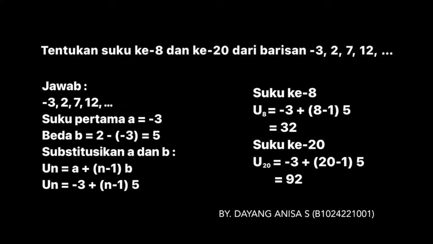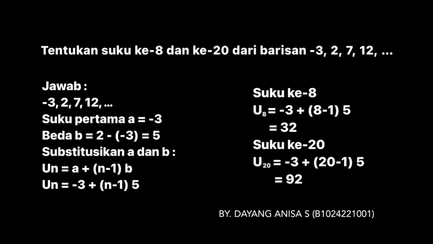This is an example of a sequence question. Tentukan suku ke-8 dan ke-20 dari barisan -3, 2, 7, 12. The question says that we have to find the 8th term and the 20th term.